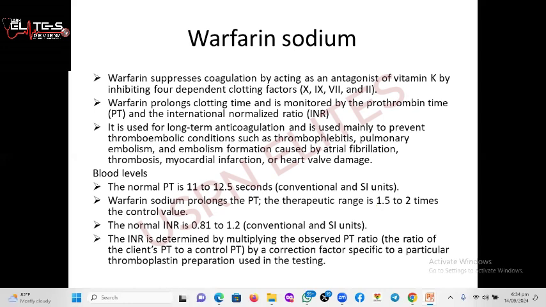You can give both warfarin and heparin together. Warfarin takes about 3 to 5 days for the effect to be seen. So if someone is at high risk of developing clots, mostly the healthcare provider will pair the two together.